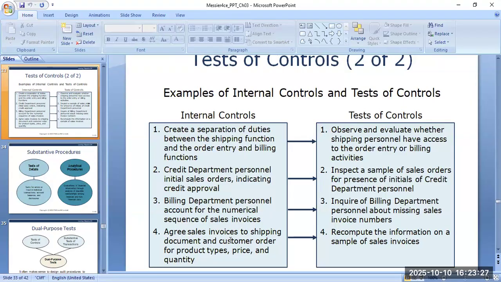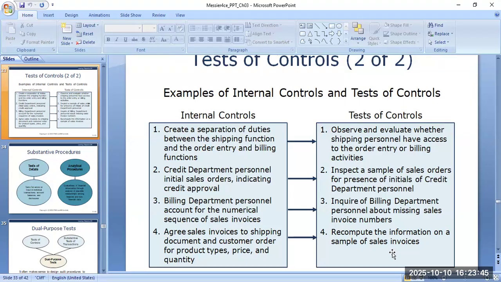And the next one is to agree sales invoices to the shipping document and customer order for the product types, price, and quantity. Then we recompute the information on a sample of the sales invoices.